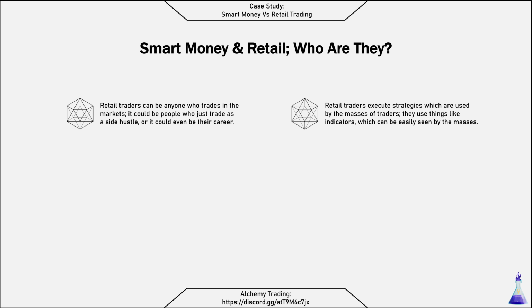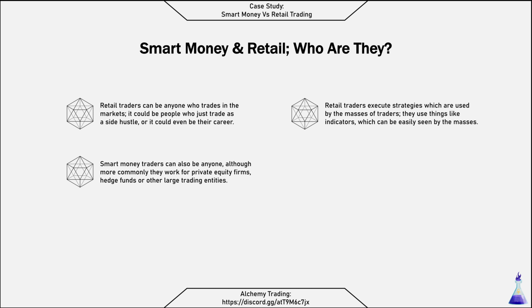Then we have smart money, also referred to as BFIs, banks and financial institutions. Smart money again follows that same style of classification. It's a style of trading as opposed to a group of traders, although it just so happens that you can also classify smart money traders into a typical group of people, which is the banks and financial institutions.